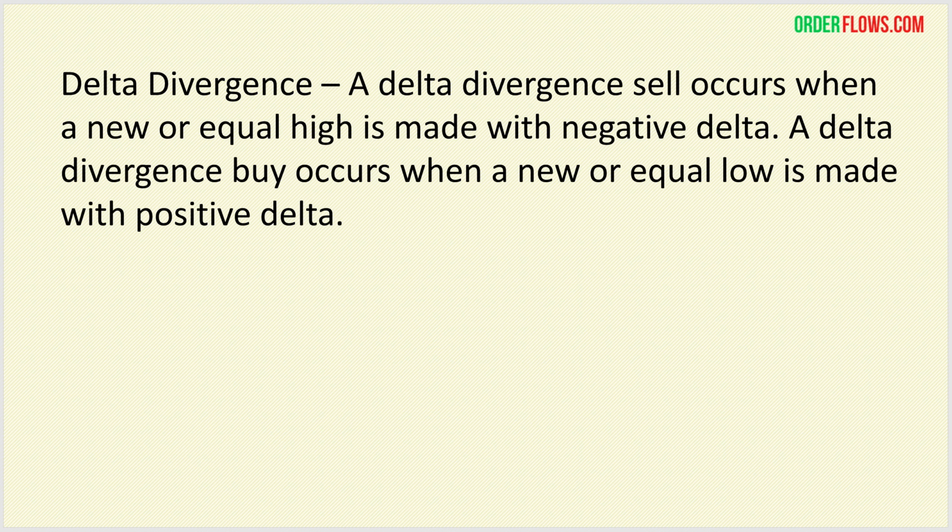So when you're making a new high and you have negative delta, that's your divergence. A delta divergence buy occurs when there's a new or equal low with positive delta. Because you're at a low, you should be looking at negative delta, because why are you at the low? Because they're selling. But if you have positive delta at a new or equal low, that's a sign of a divergence.